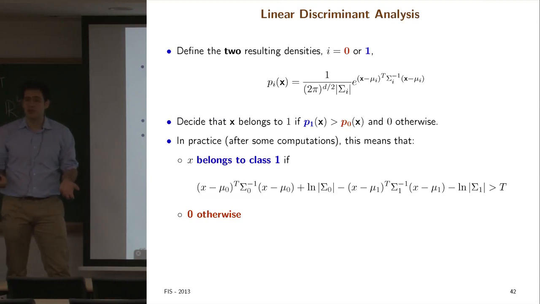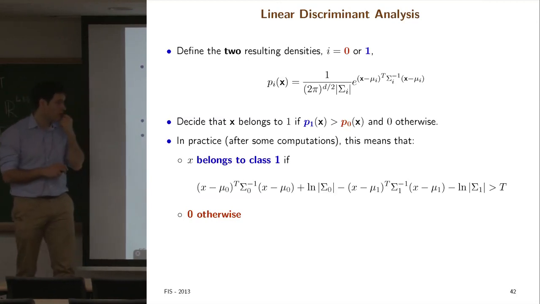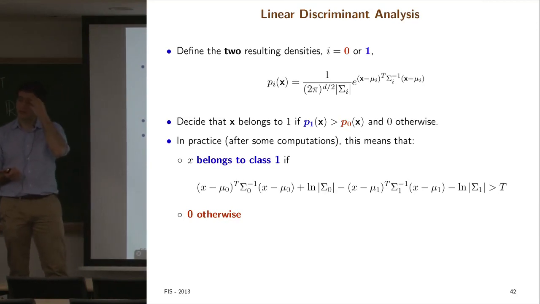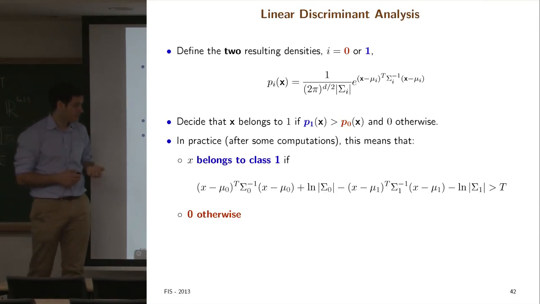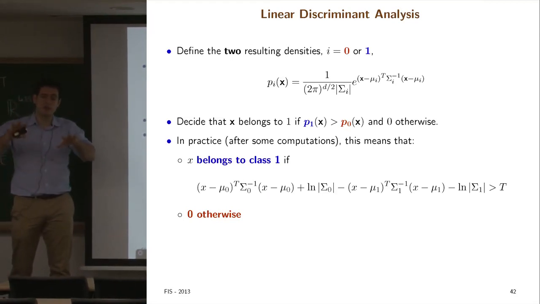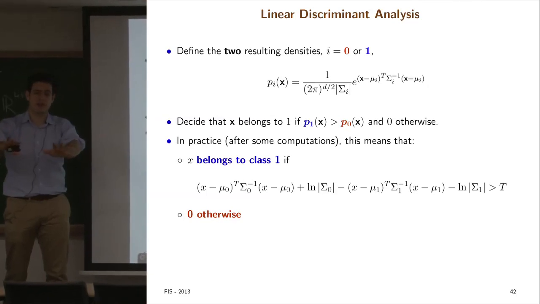And what you do is very easy now. You just say that a new point that you haven't observed before belongs to class 1 if the probability for 1 is higher than the probability for 0. Okay? This is called a generative approach. You assume that your points have been generated by a model.